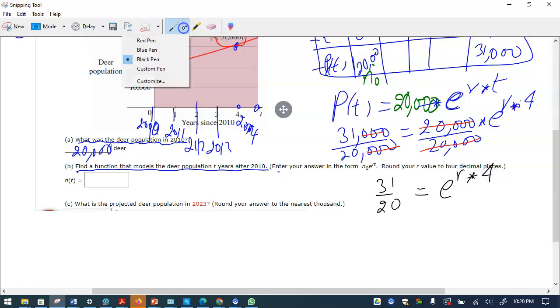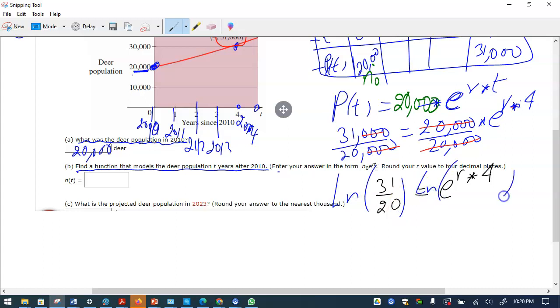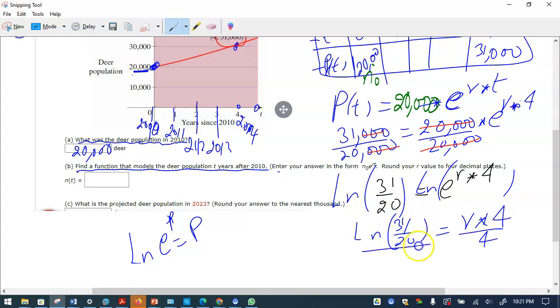And then you can apply ln to both sides. So this will be ln of e raised to something, which is always directly that something. So this becomes ln of 31 divided by 20 equals r times 4, and then divide by 4.